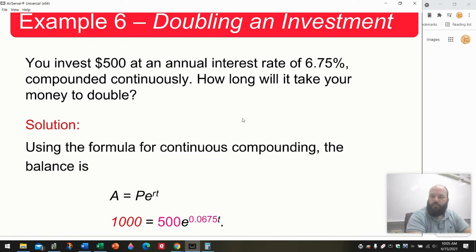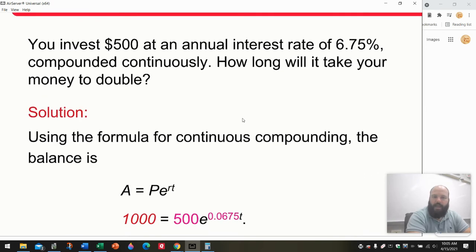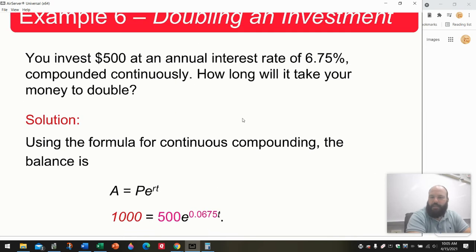So we need to jog our memory and think back into the very first section that we started talking about in this unit, where we discussed compound interest, where we had a formula for compounding continuously. That formula is A equals P e to the rt.